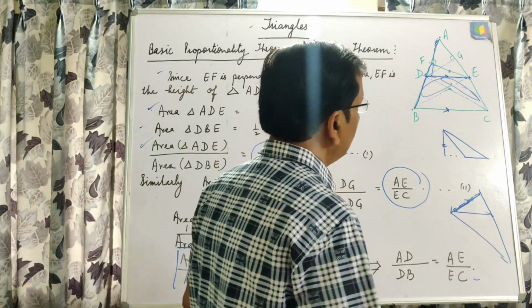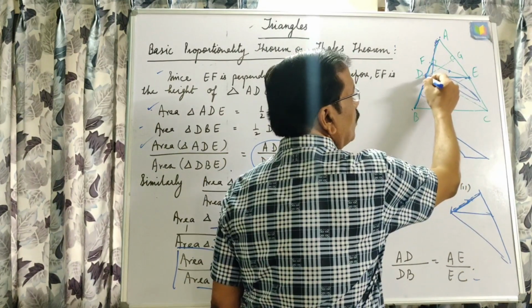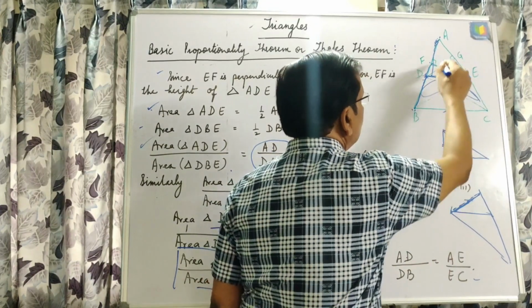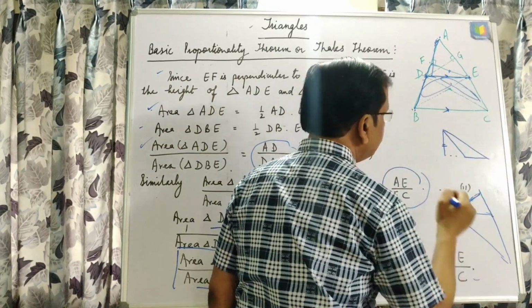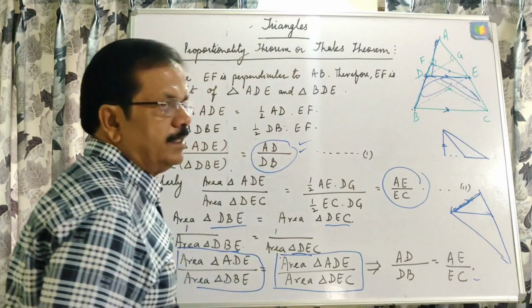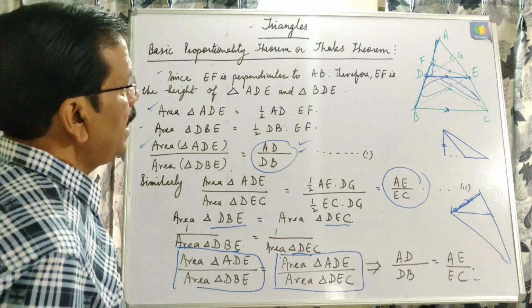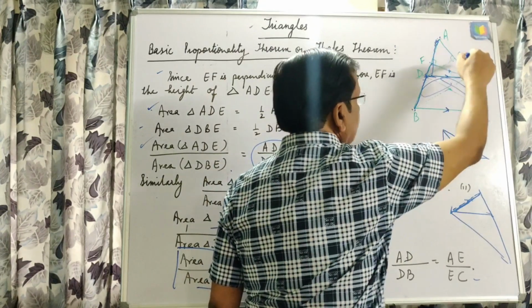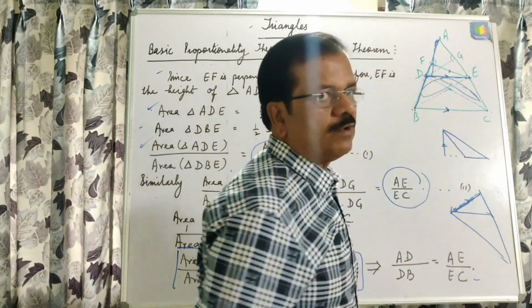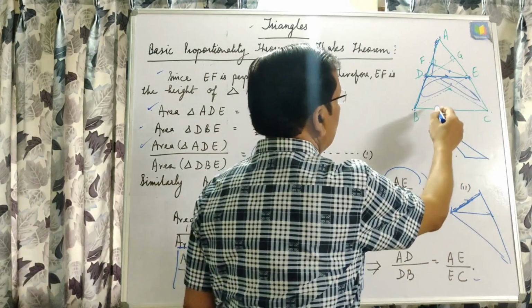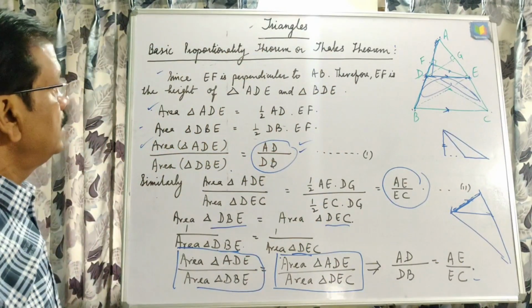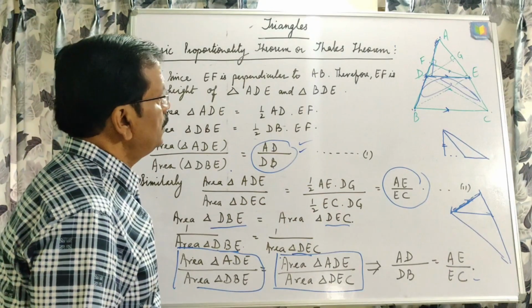That is, I am again repeating, here we are drawing the line from D. So AD upon DB is equal to AE upon EC, and this can be taken as AB upon AD is equal to AC upon AE also. This also can be proved. In the same way, other sides also can be in proportion. This is all about basic proportionality theorem.